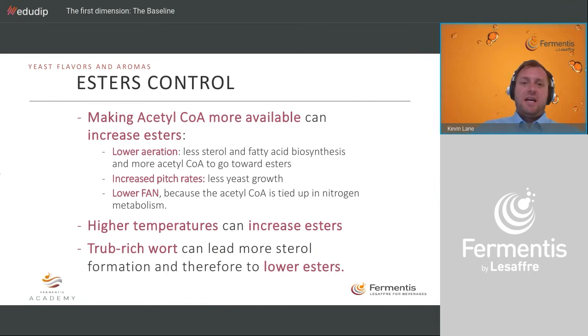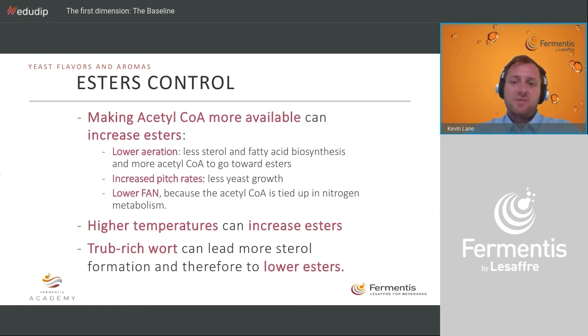In terms of controlling the esters, it really can come down to a number of different things. One of the ways to do it is to make acetyl-CoA more available so that it can increase the esters. To do that, lower the aeration, less sterol and fatty acid biosynthesis allows for more acetyl-CoA to be available towards the ester production.